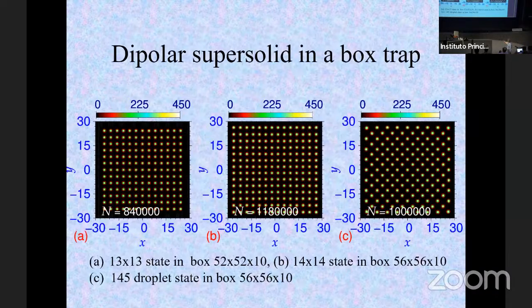There is a box trap at the boundary, and I form these droplets. But you will ask, did I put this as the initial state? No. I put such a thing as the initial state, but it rearranged in this fashion.